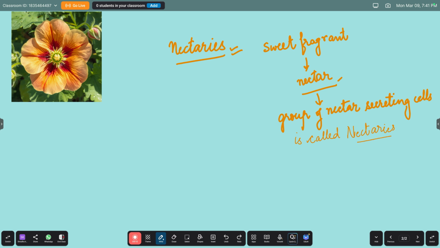And what is the position of this? Present at the base of the pistil. Pistil we all know.